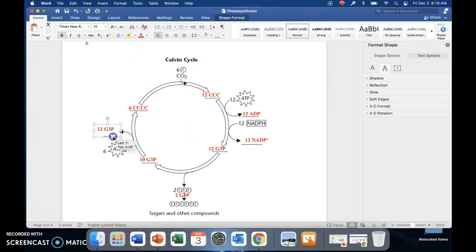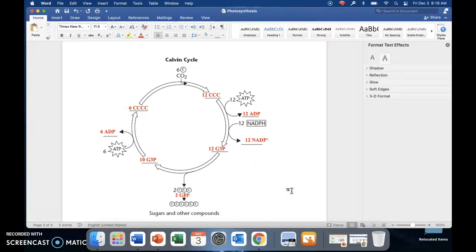And you can see that you have 6 ATP coming in. So we're going to end up with 6 ADPs coming out. Okay, so here we have, again, we're starting with our carbon fixation up here.